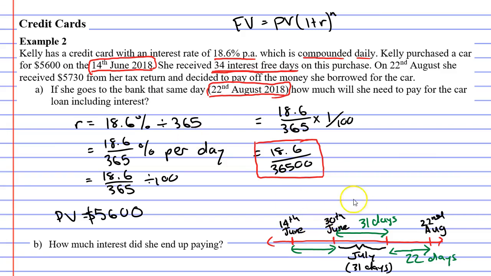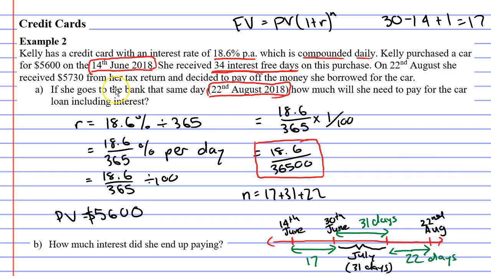Now we have to be careful here because it starts on the 14th and goes to the 30th. So when we calculate that, I'll do it right up the top. We go 30 minus 14, but we also need to add 1 because we're including the 14th of June as part of the count. That will give us 17 days. So if we want to calculate n, which is the number of days, we need to add these all up. We need to go 17 plus 31 plus 22.